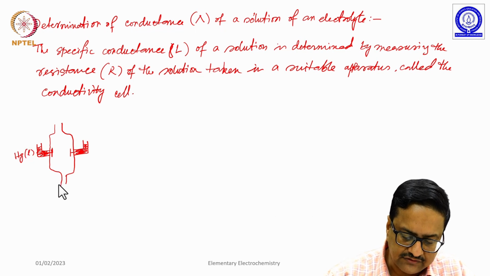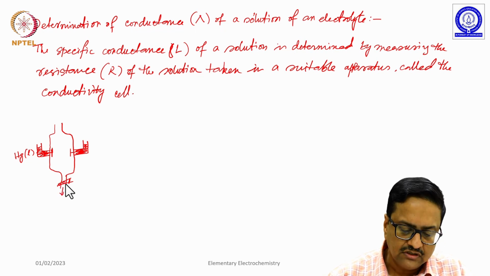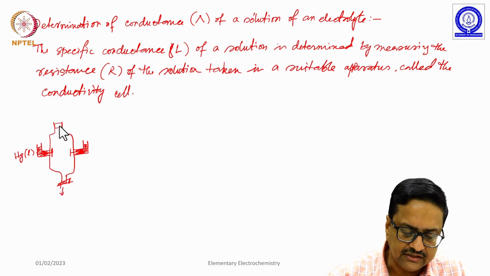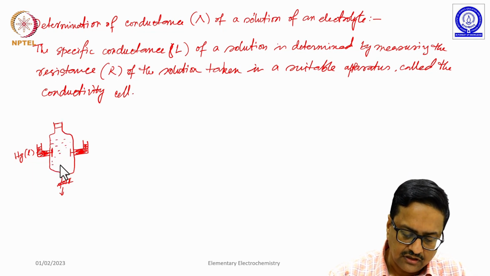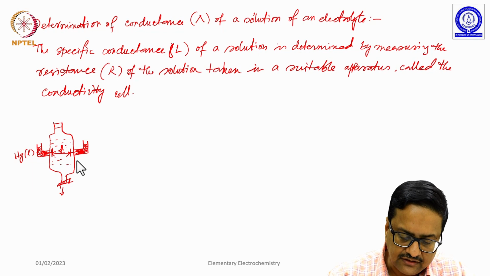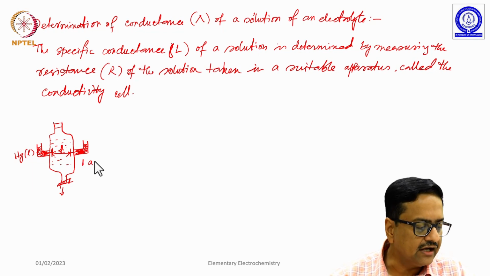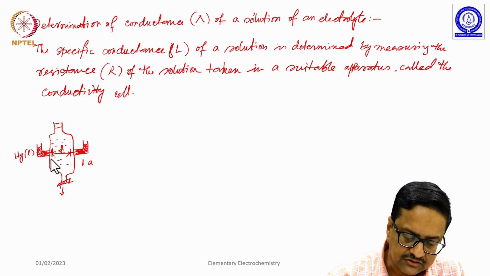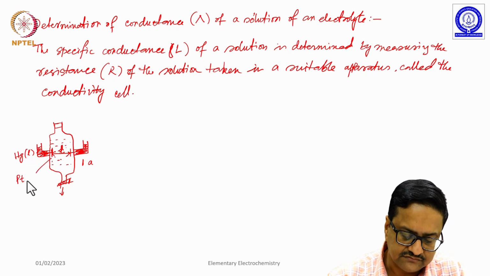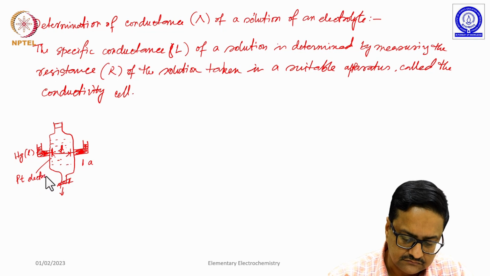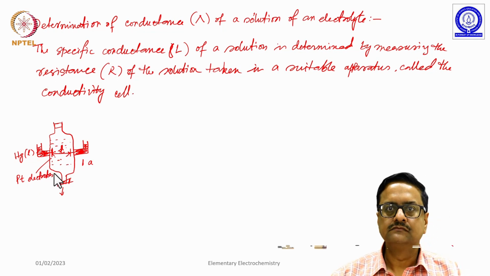This cell has a stopcock at the bottom for draining the solution out, and you have a lid as usual, and one can take a solution inside. What we know is the length and the surface area of that particular conductor, and these electrodes are made of platinum in general.